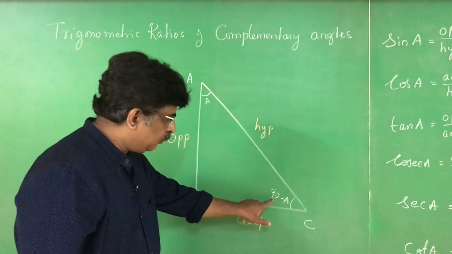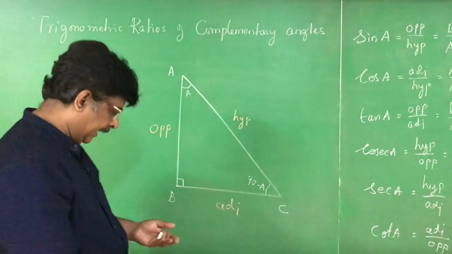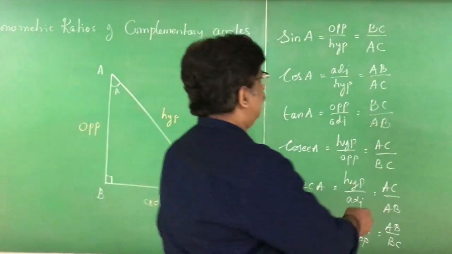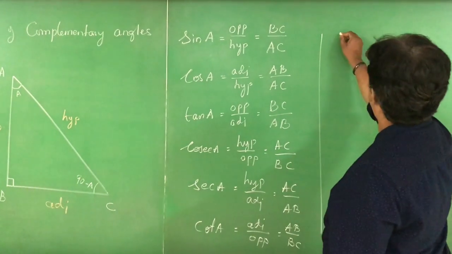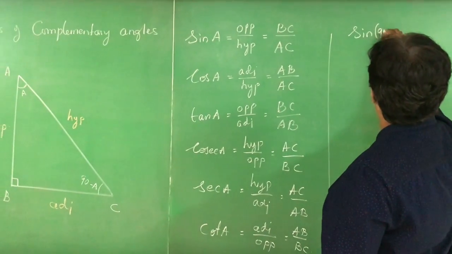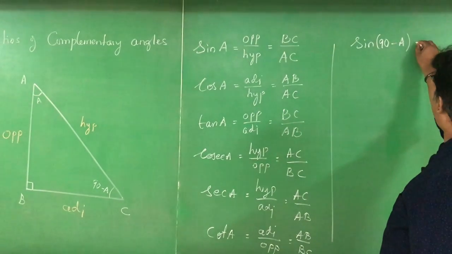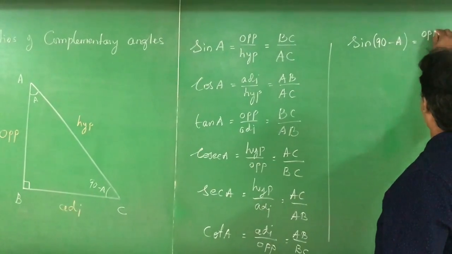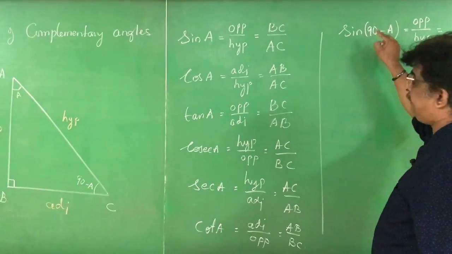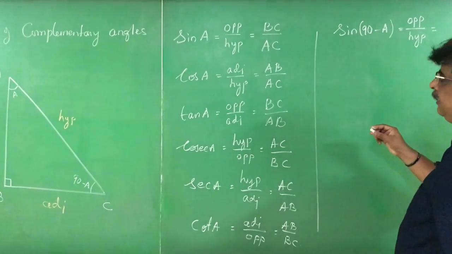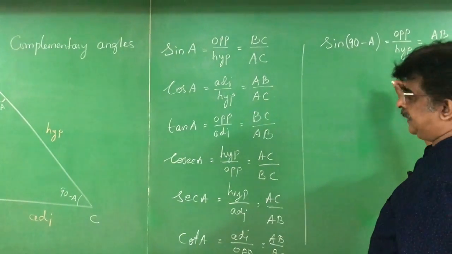Now, with respect to 90 minus A, I define the trigonometrical ratios once again, right? Now I write, see, sin 90 minus A. Sin theta is equal to what? Opposite by hypotenuse. Which is the opposite side with respect to 90 minus A? The opposite side is AB and hypotenuse is AC.